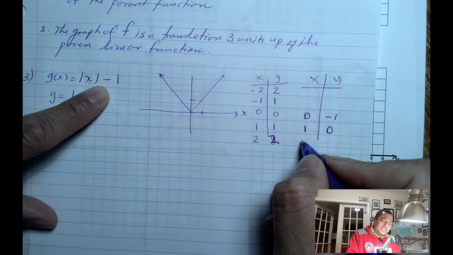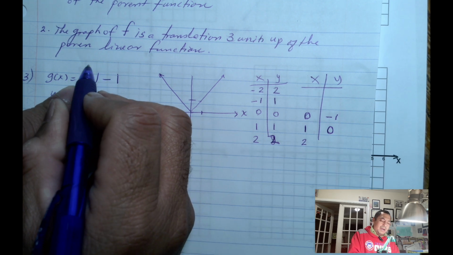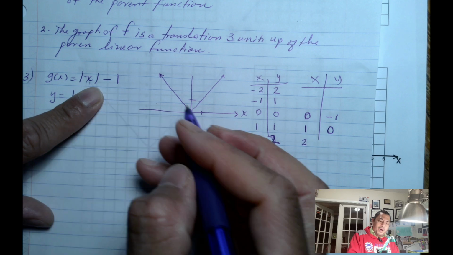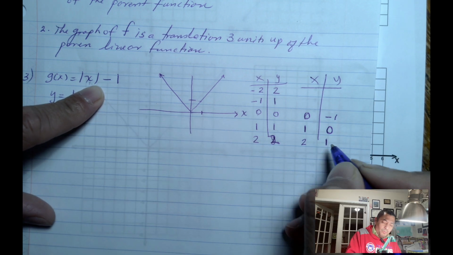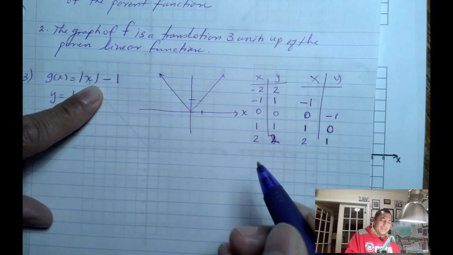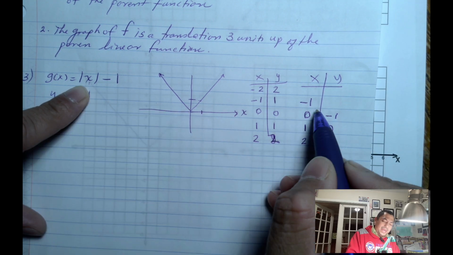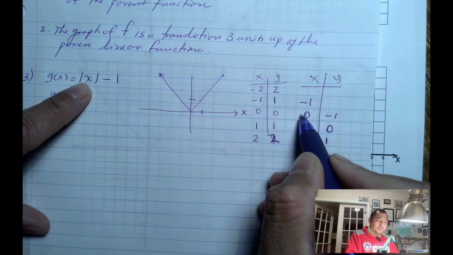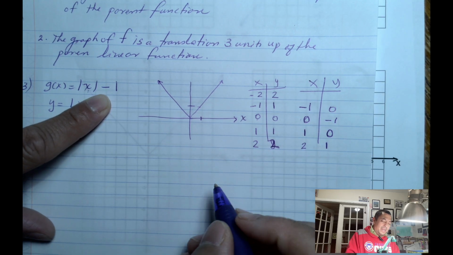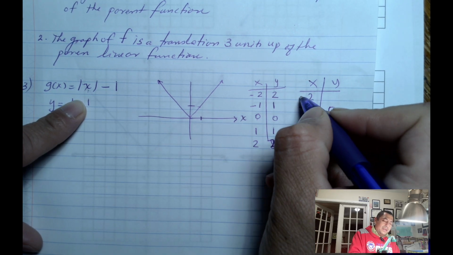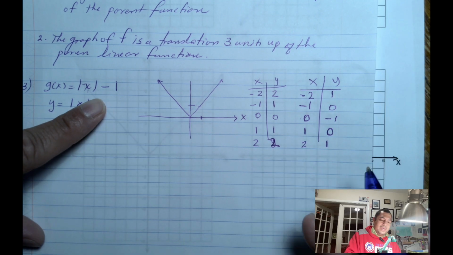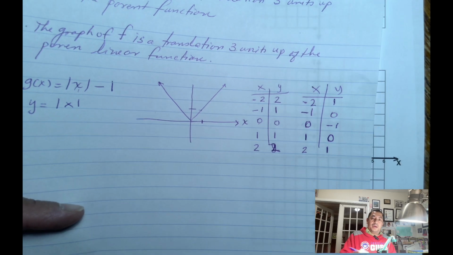If x is equal to 2, the absolute value of 2 is 2, minus 1 is 1. If I go to the negatives, if x is equal to -1, the absolute value of -1 is 1, minus 1 is 0. And if I do -2, the absolute value of -2 is 2, minus 1 is 1.